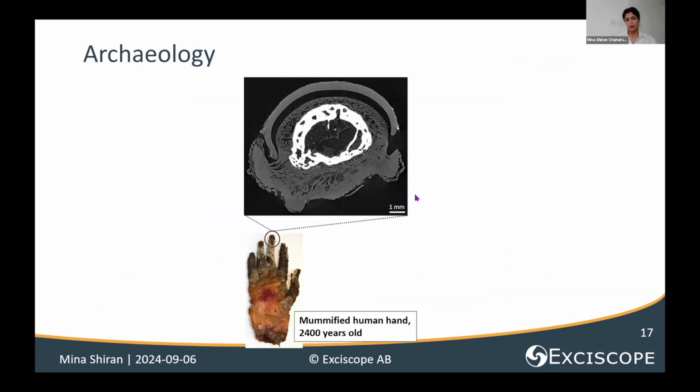Another example would be when classical histology is not even an option. When you have, for example, samples that are fragile or valuable, you cannot slice them and simply destroy them. One example here would be a mummified hand from 2,400 years ago.